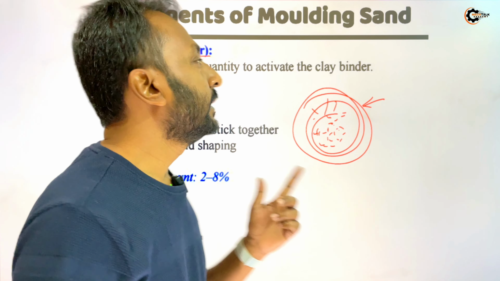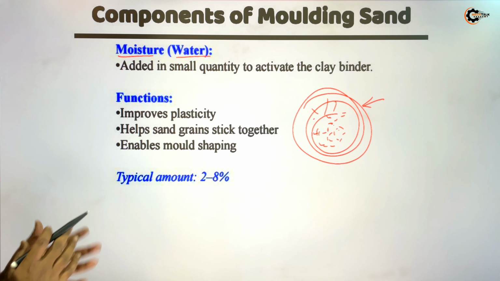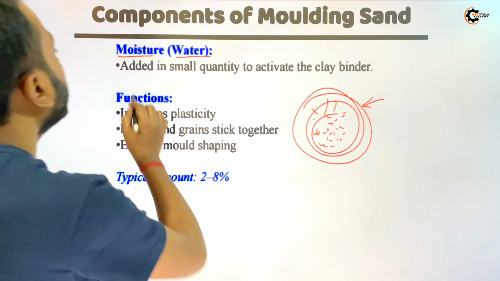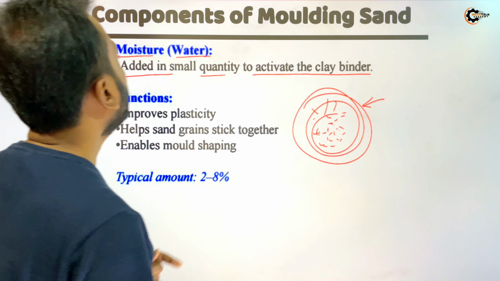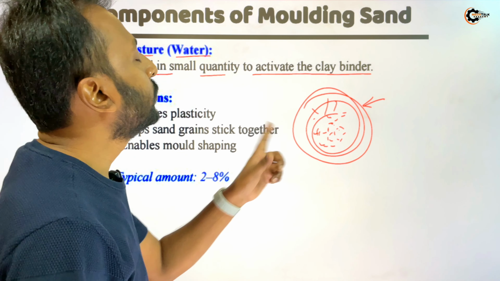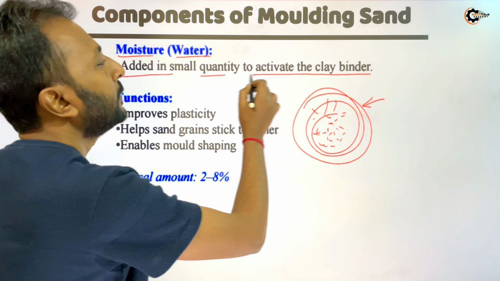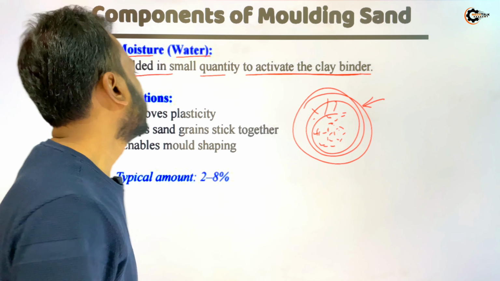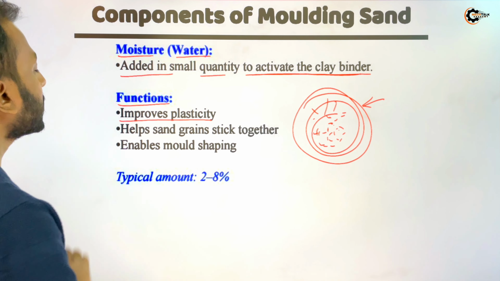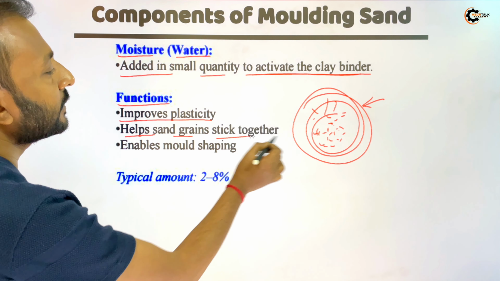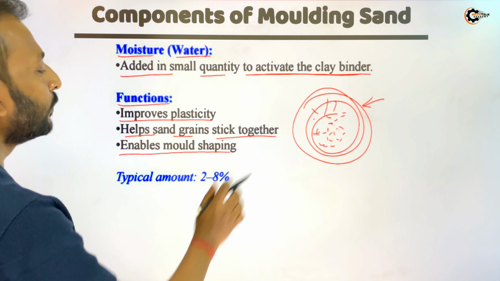It is added in small quantity to activate the clay binder. The functions of the water, the moisture: it improves plasticity, helps sand grains stick together, and enables mold shaping.